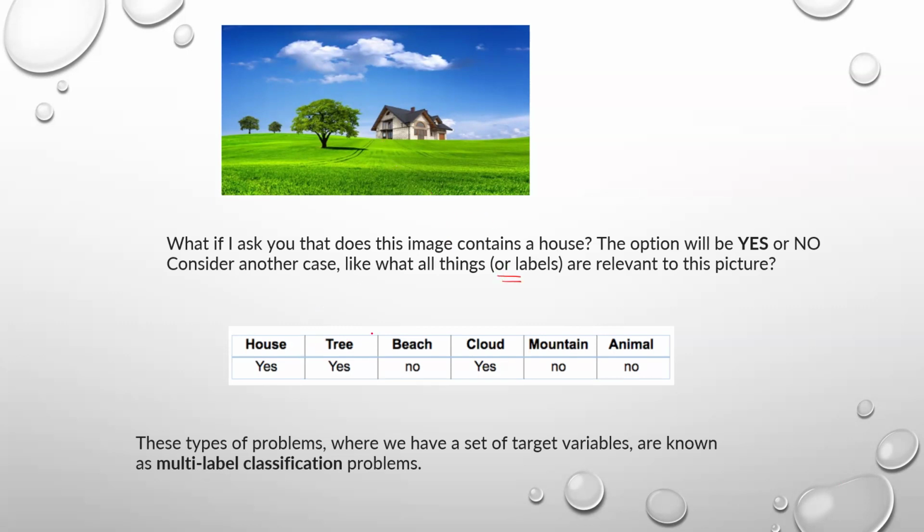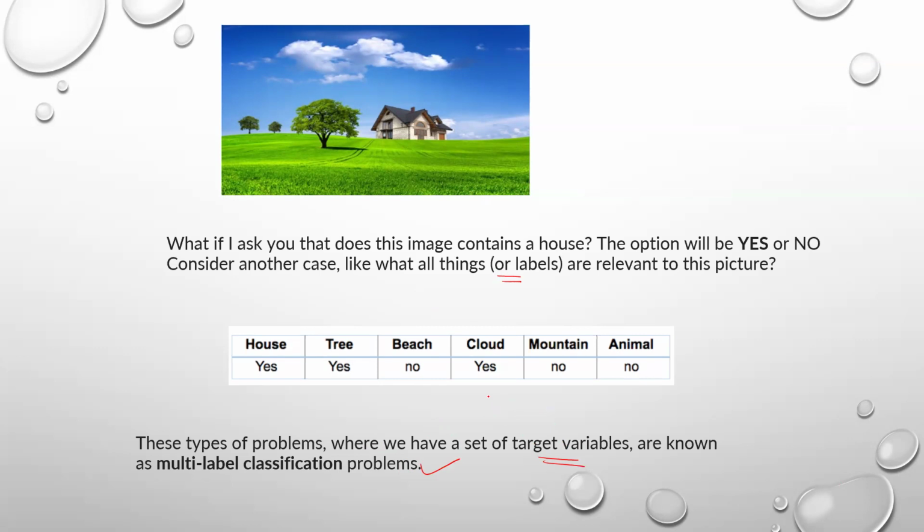I have written the labels here. House, yes. Tree, yes. Beach, no. Cloud, yes. Mountain, no. Animal, no. So these types of problems where we have a set of target variables, not a single variable, we call multi-label classification problems.